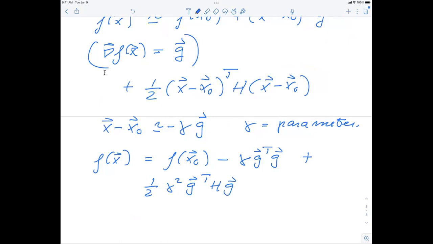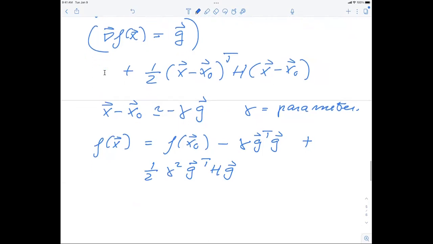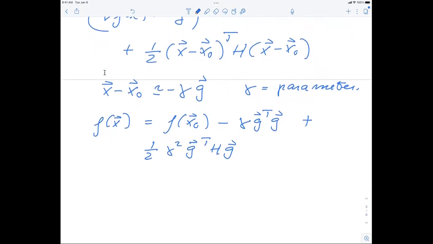The optimal gamma is something I get when I calculate the derivative with respect to gamma. I want to optimize this function f of x in terms of the parameter gamma, and that means I want the derivative to be 0.